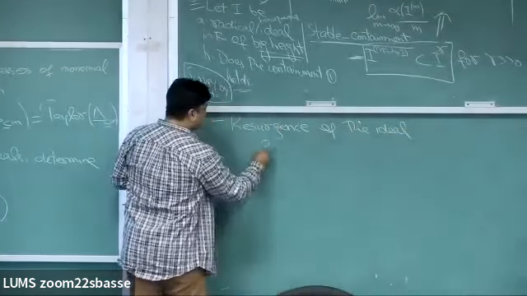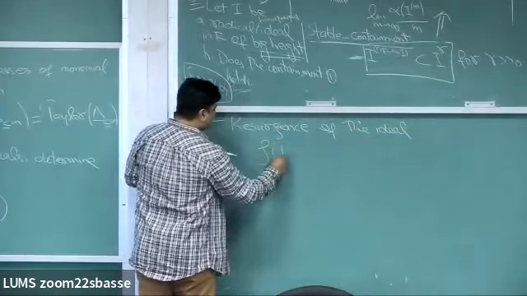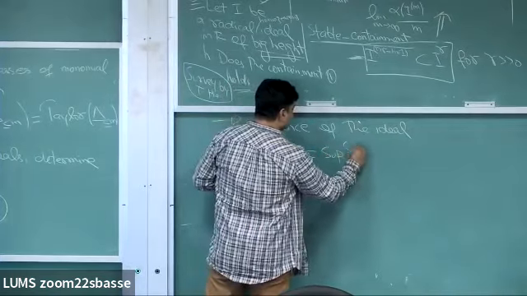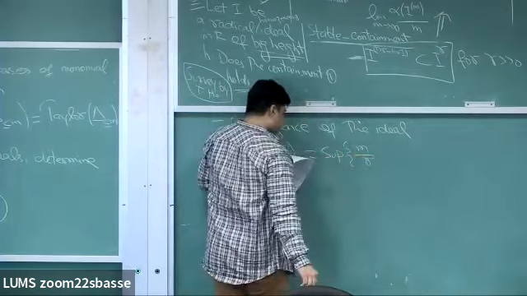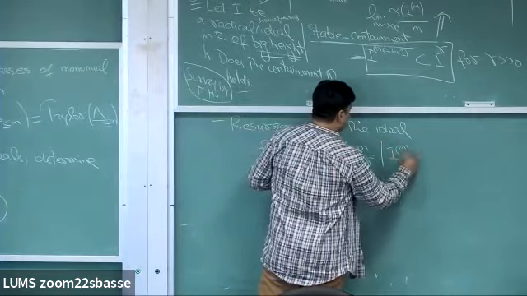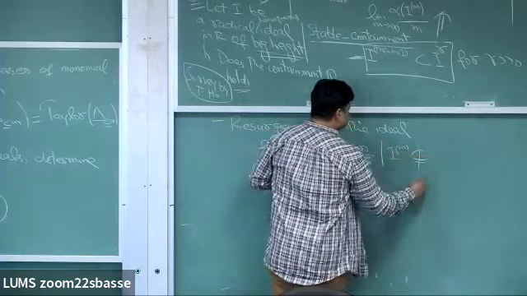Resurgence of the ideal is defined like this. Rho of I is the supremum of m over r such that I^(m) is not contained in I^r.